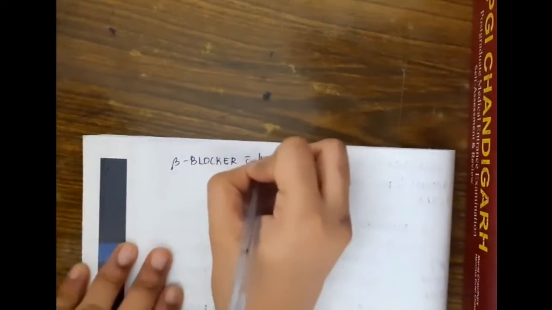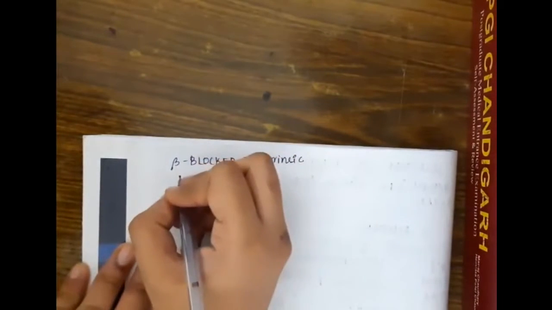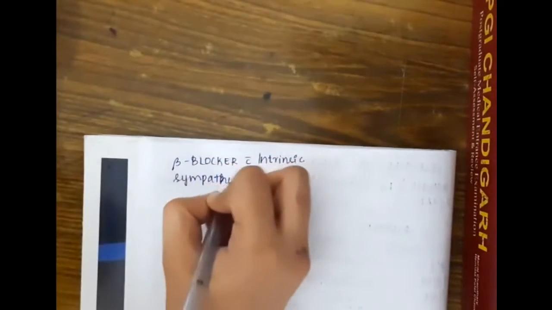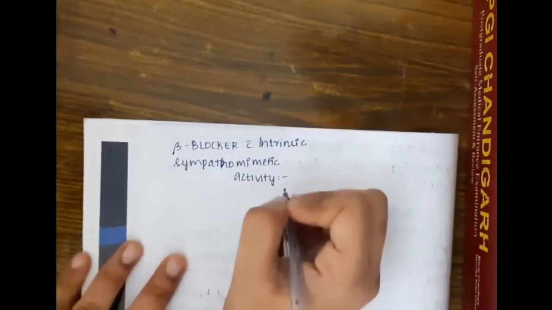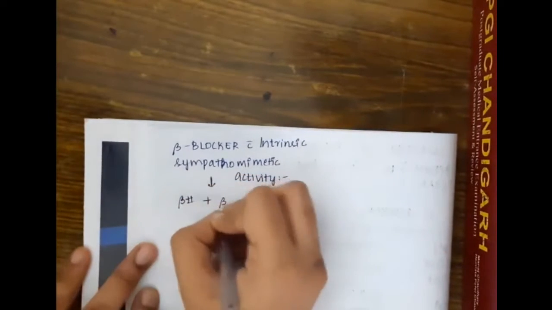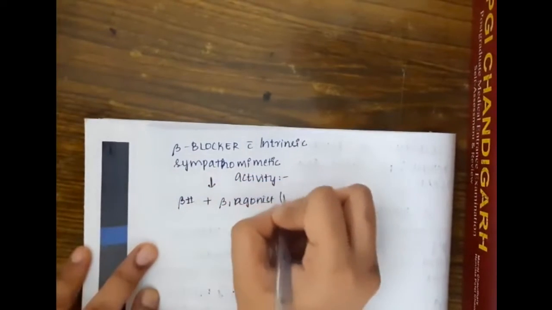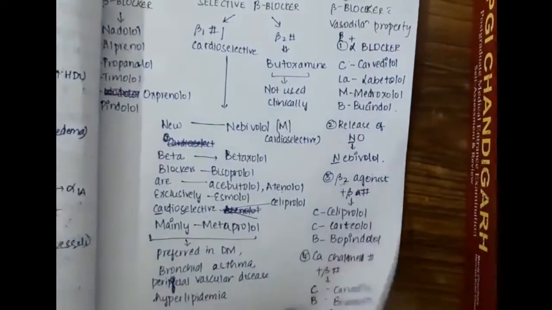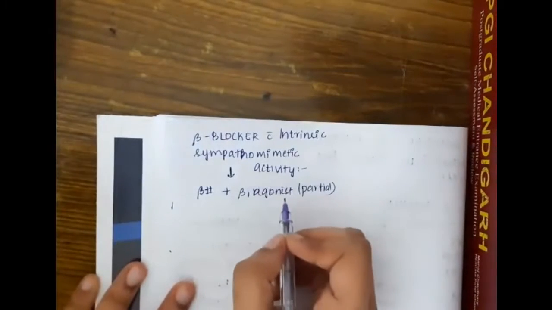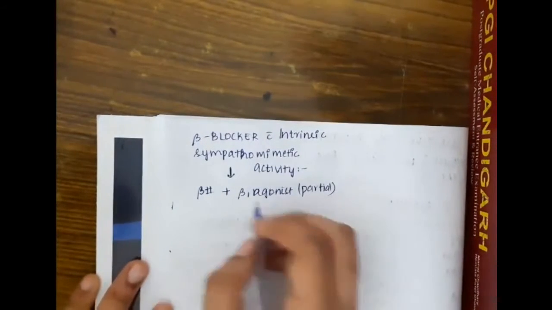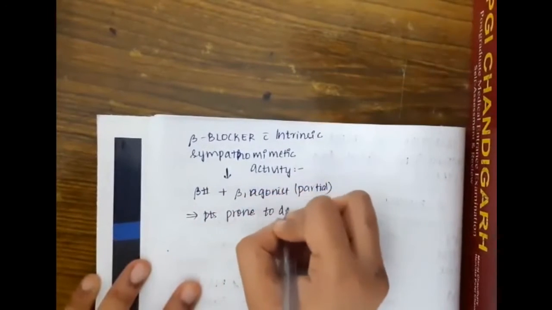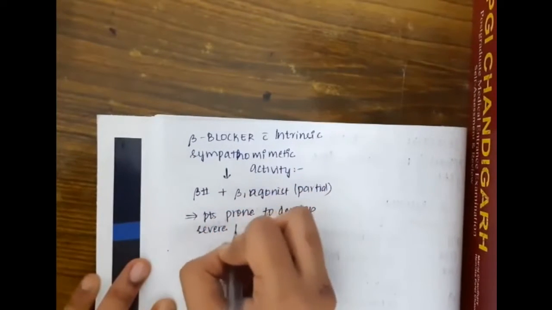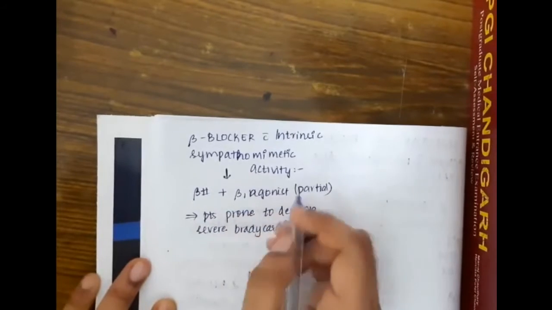Then the next group of drugs are beta blockers with intrinsic sympathomimetic activity. These include beta blockers with beta 1 partial agonistic property. These patients are prone to develop severe bradycardia.